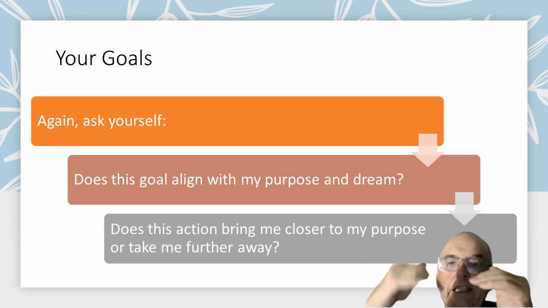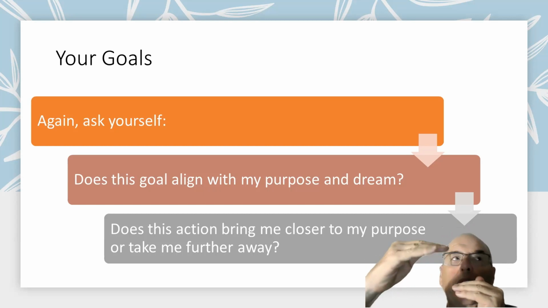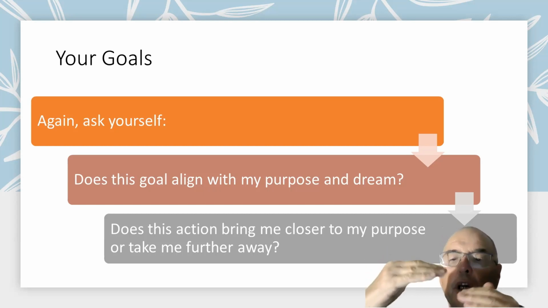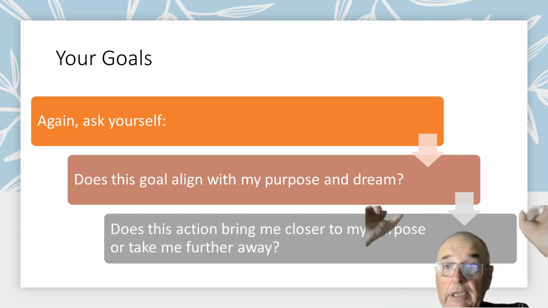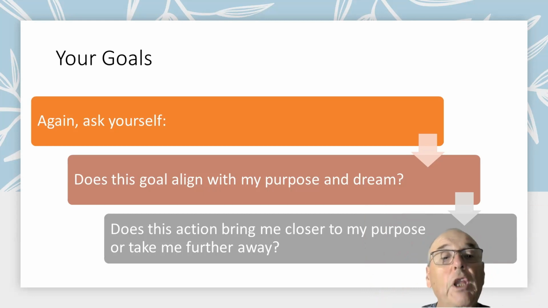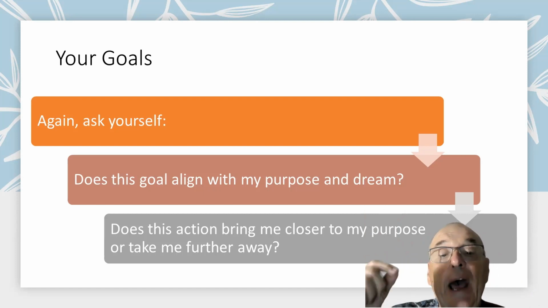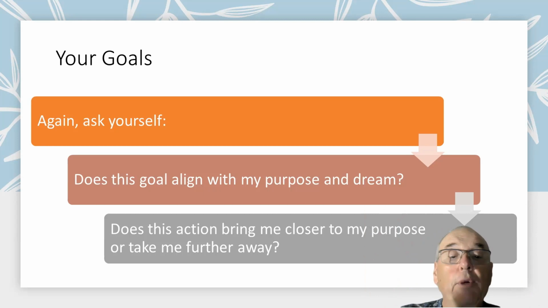And then finally, you have your goals that are working to move you closer to your purpose and to the ideal of your dream. So does the goal align with your purpose and your dream? Does this action bring me closer to my purpose or take me further away?